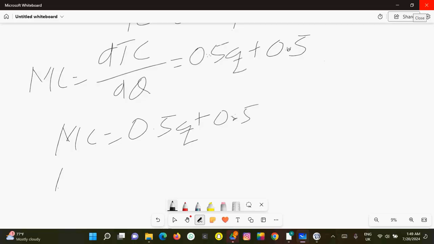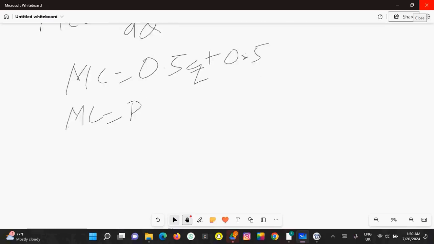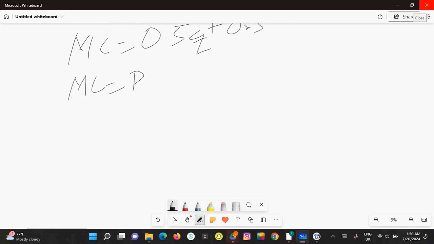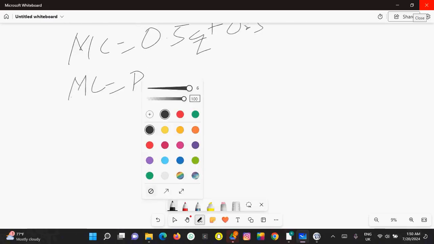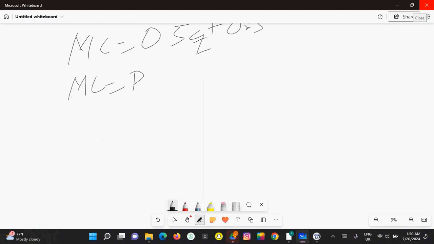So MC is equal to P. We have MC to be 0.5Q plus 0.5 is equal to P. Right.